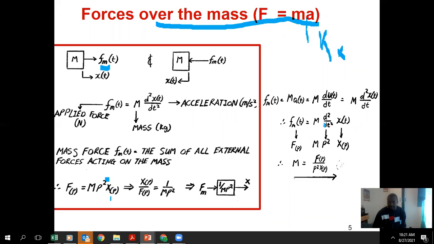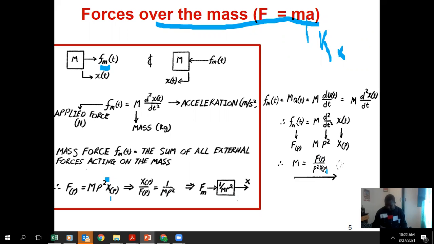And now we change to P domain, where M follows and then it becomes F of P, T replaced by P, and the second derivative we show as P raised to 2, X of P. Then from there, we can come up with the equation for mass in terms of force and the P derivative of X of P.